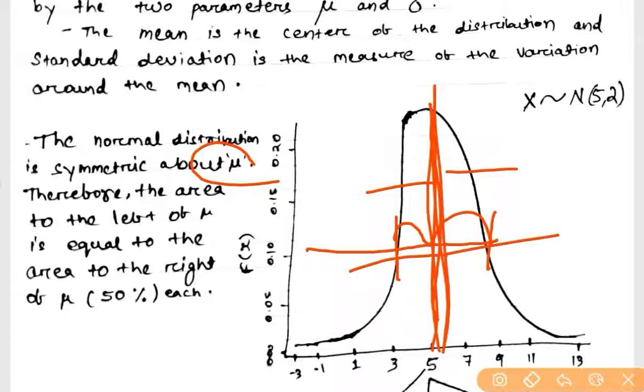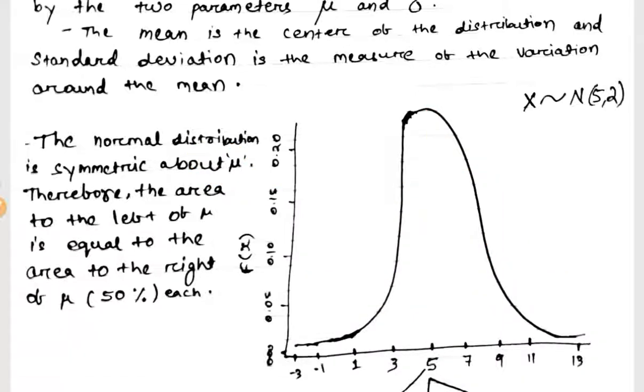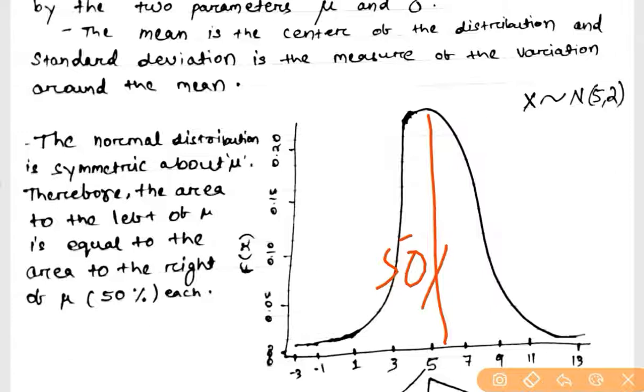This side has the same amount of distribution as this side, meaning 50-50 around the mean. This is 50% and this is 50%.